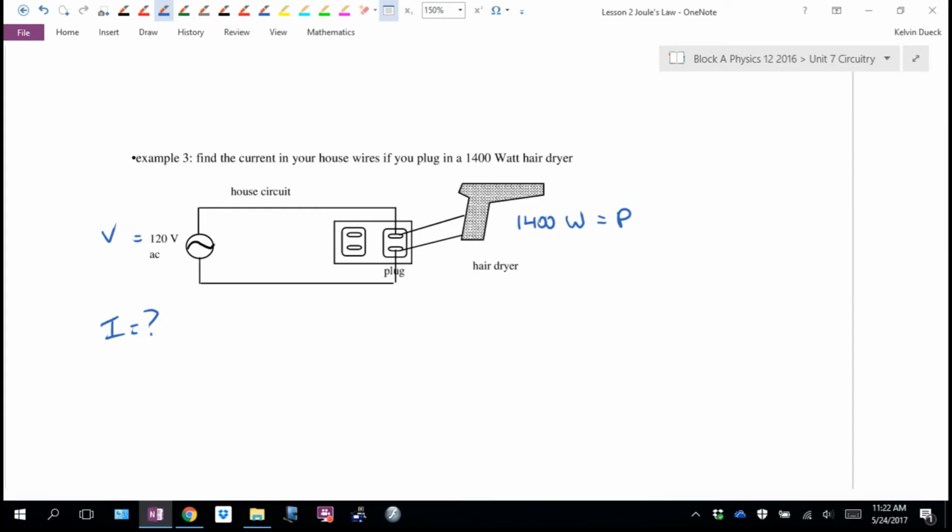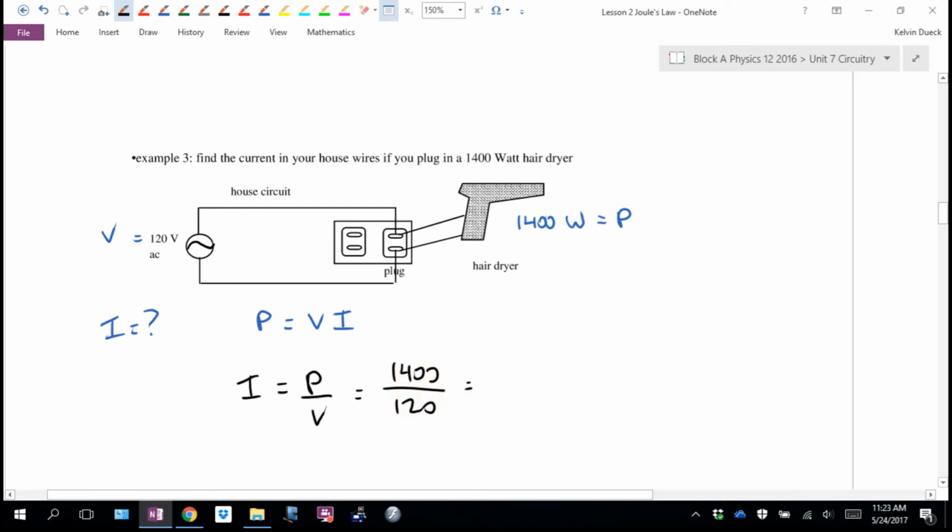Okay. Power equals VI. Nick, how would I get the current by itself? So the amount of current that is going to be used by this hairdryer is the power divided by the voltage. It's going to be 1400 divided by 120, which is what?